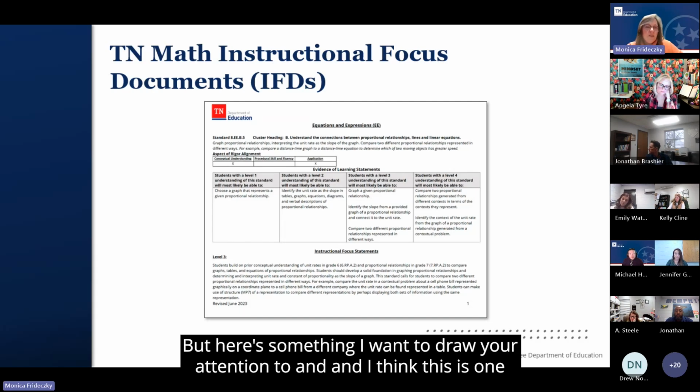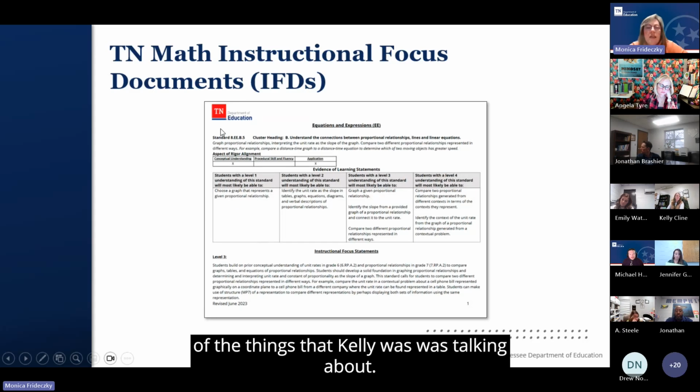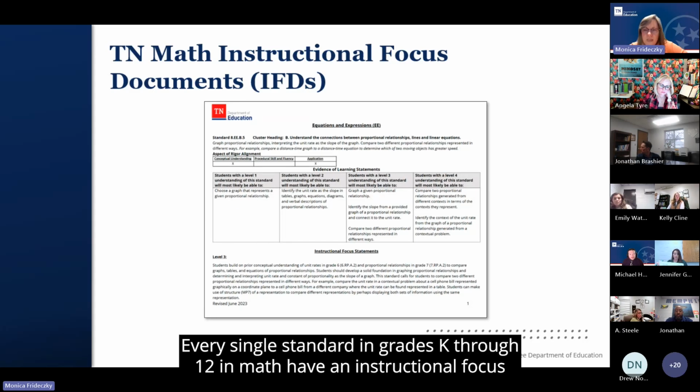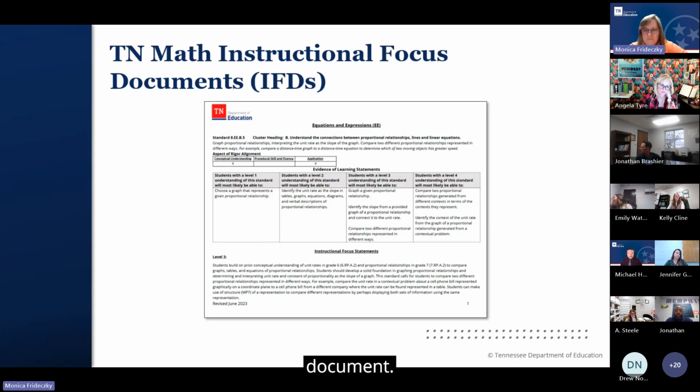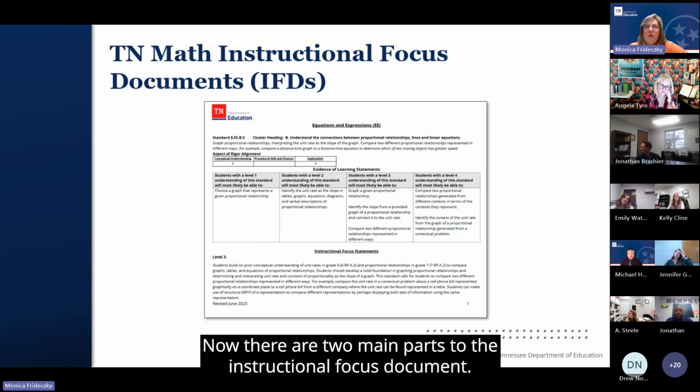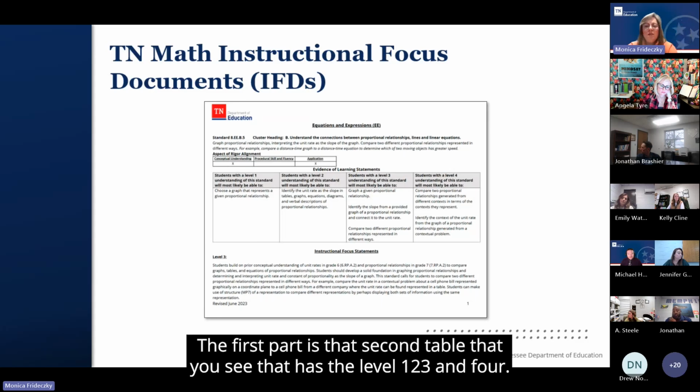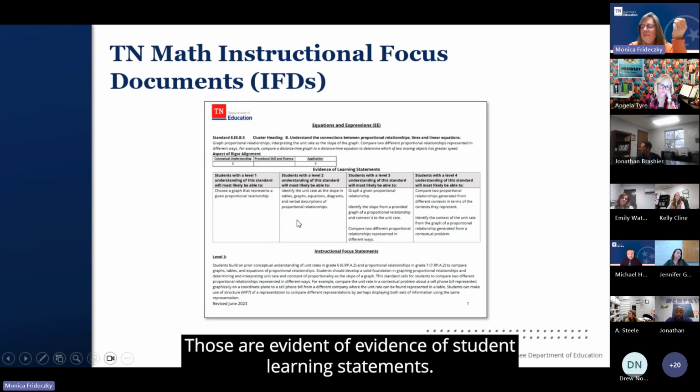But here's something I want to draw your attention to, and I think this is one of the things that Kelly was talking about. Every single standard in grades K through 12 in math has an instructional focus document. There are two main parts to the instructional focus document. The first part is that second table that you see that has the level 1, 2, 3, and 4. Those are evidence of student learning statements.